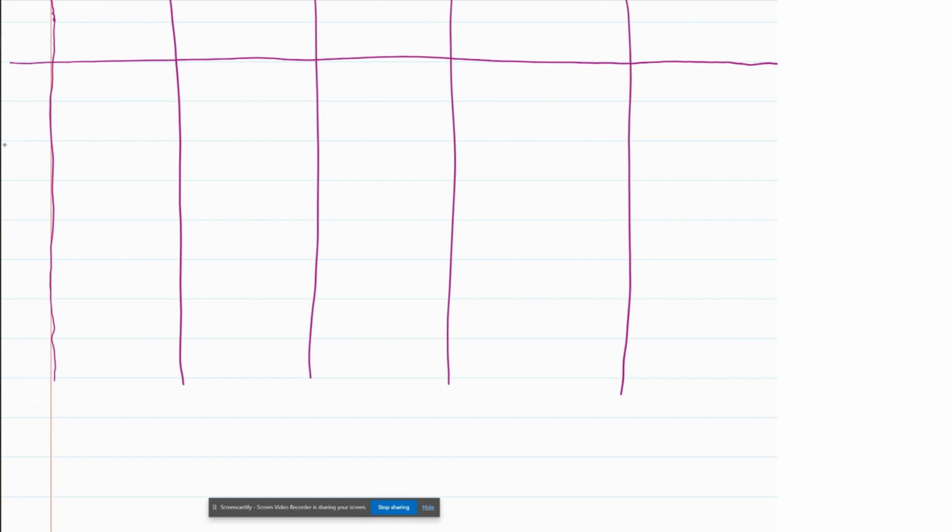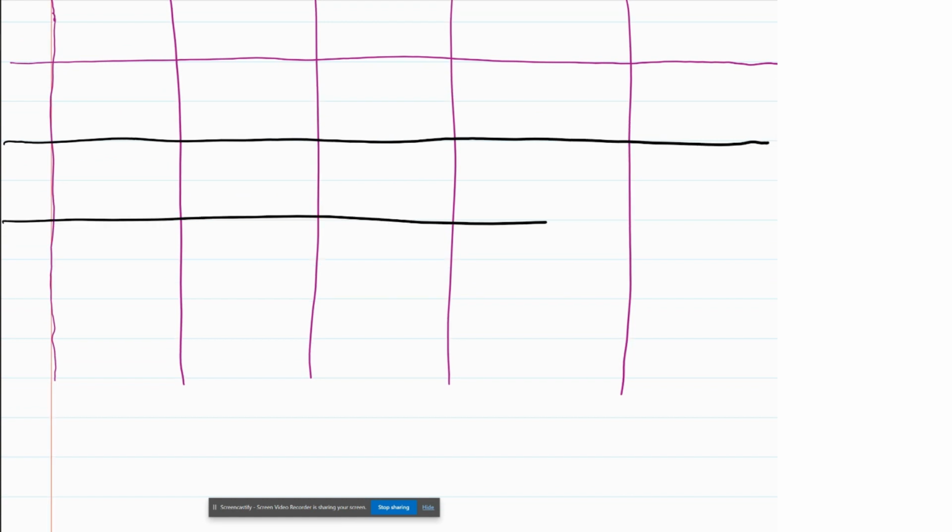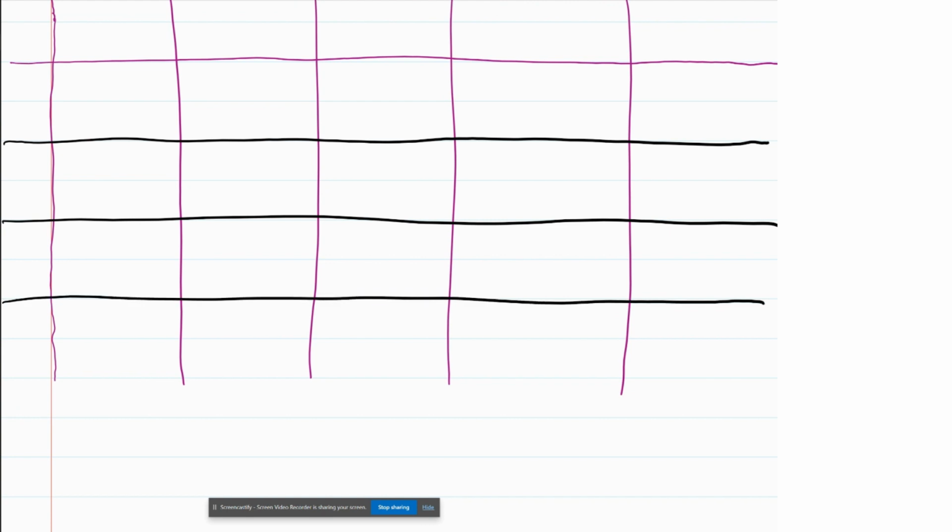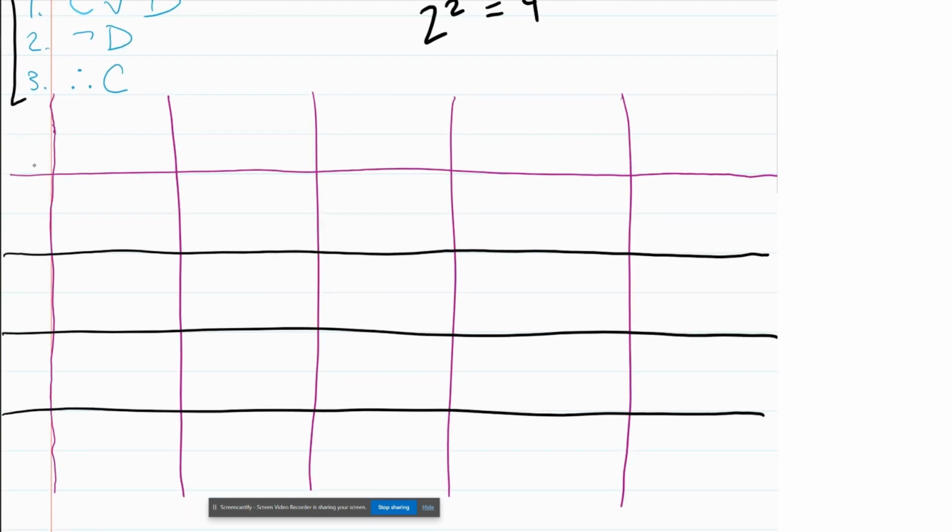So that's 1, 2, 3, and 4. And right up here is where we name our sentences. You might call it our naming row, and everything below is going to have truth values.